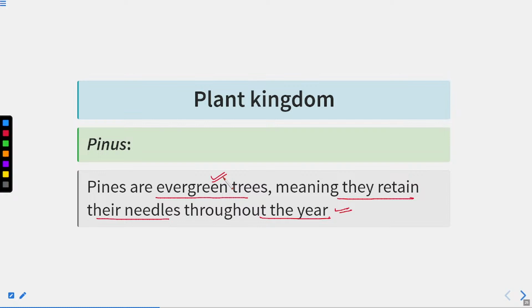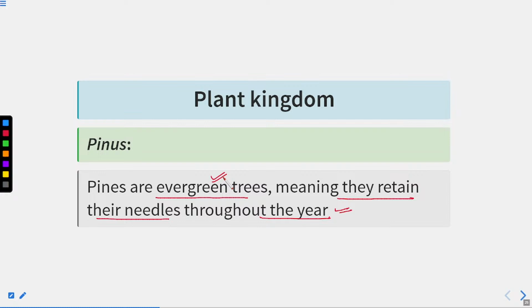It doesn't mean that they do not shed their leaves. They shed their leaves, but at the same time, new green leaves are emerging. The old leaves drop down, and at present the tree has new leaves. So generally the tree is never devoid of leaves.